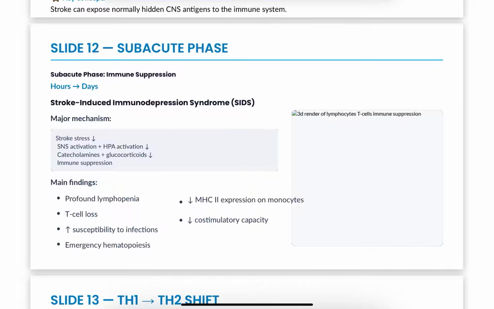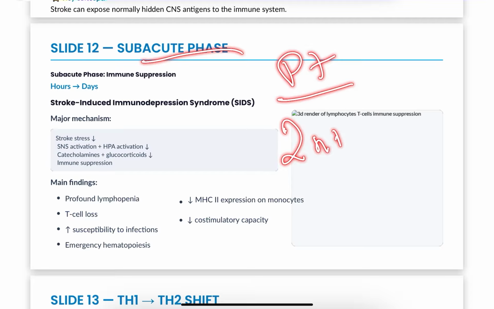The overall result is an immune system that is much less capable of a response. It's obviously immune suppressed. And this explains why patients become highly susceptible to secondary infection. So whenever we have a patient in the subacute phase, they're highly susceptible to secondary infections.